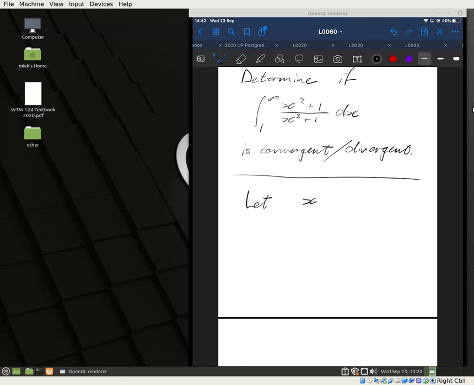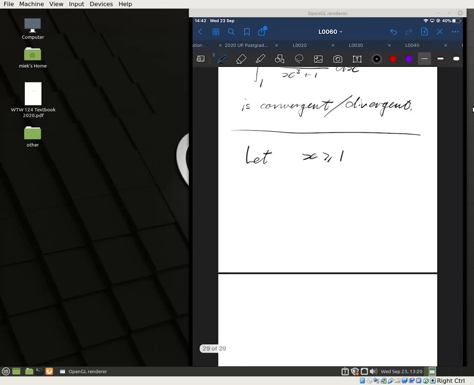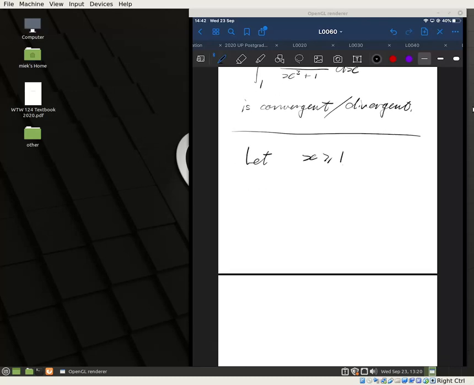Okay, so what will we do? Let x be greater than or equal to 1. Then what can we see? For x cubed plus 1: if x is bigger than 1, then 1 is less than x cubed.